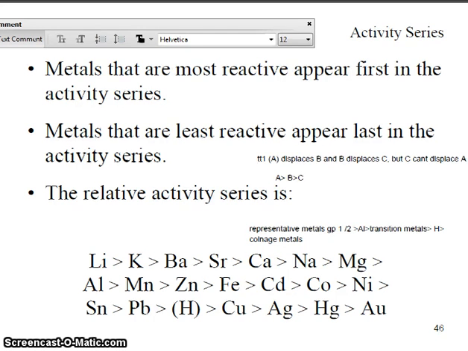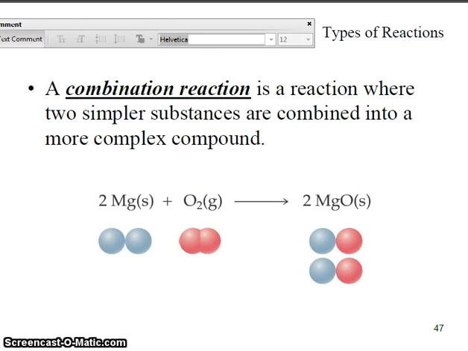So you could be given statements like these, and you have to essentially arrange them in the increasing or decreasing order of reactivity. Now, the last bit is combination reaction and decomposition reaction. A combination reaction is a reaction where two simpler substances are combined and they form a more complicated compound.